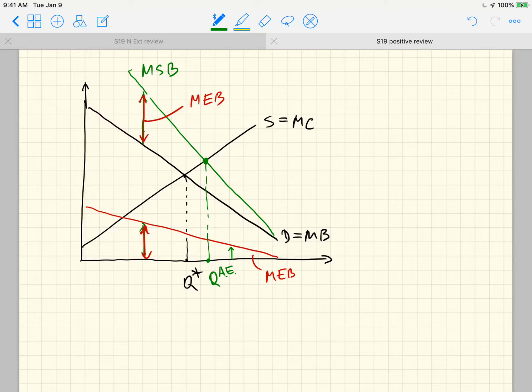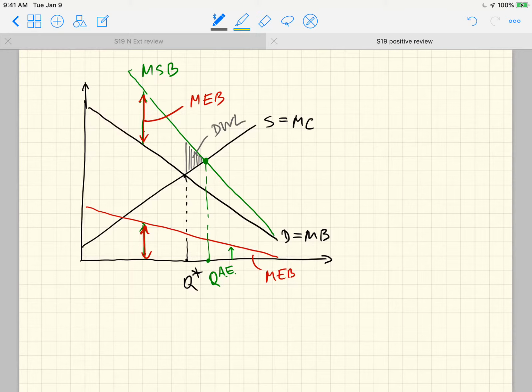Or another way to put it, if markets are left on their own and if they just end up at the equilibrium that matches the intersection of supply and demand curves, then we will be missing the point of allocative efficiency, providing too little. And as always, when we're missing the point of allocative efficiency, we end up dealing with deadweight loss. So this area will be the area of deadweight loss.